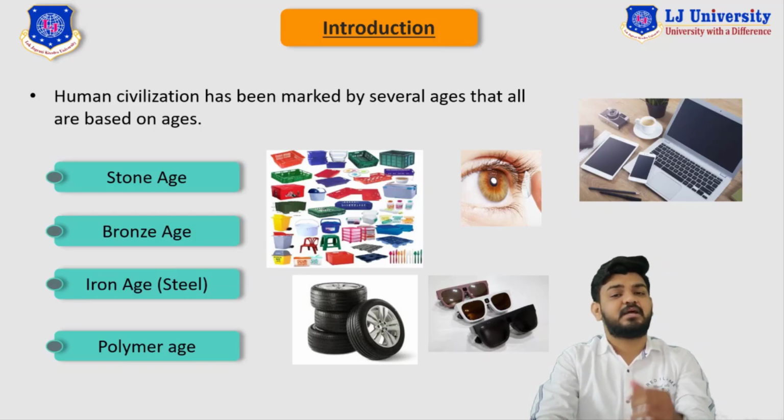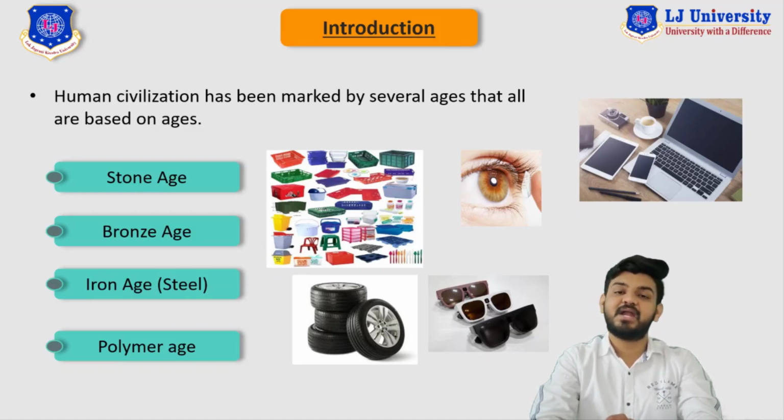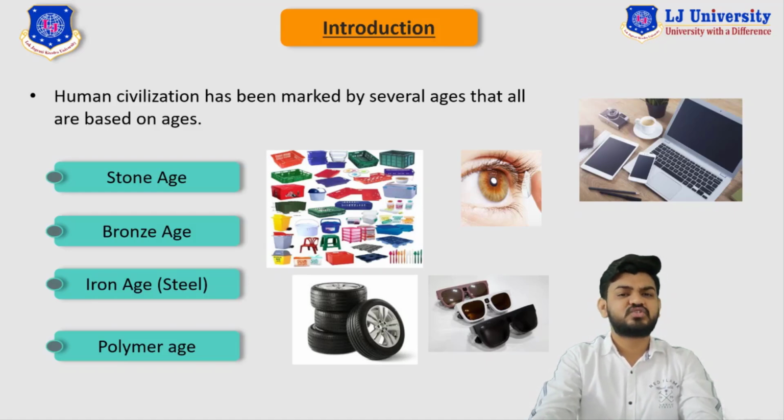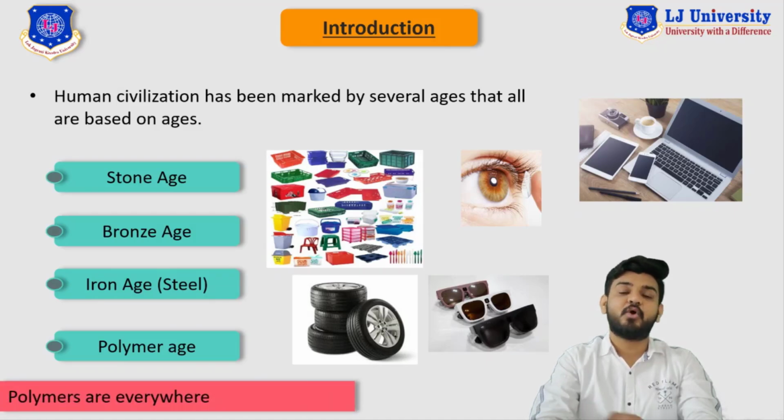Then the tire industry or the rubber industry or the sunglasses are all being made up of the polymer only. Well, polymer science is also very helpful in the biological or medical field. The lenses that we are using are also being made up of the polymers. So we can say that the polymers are everywhere.